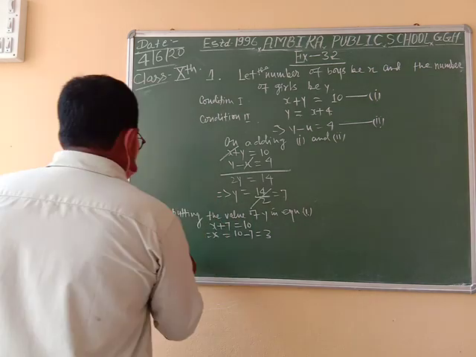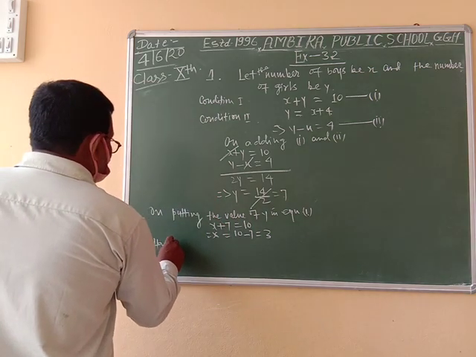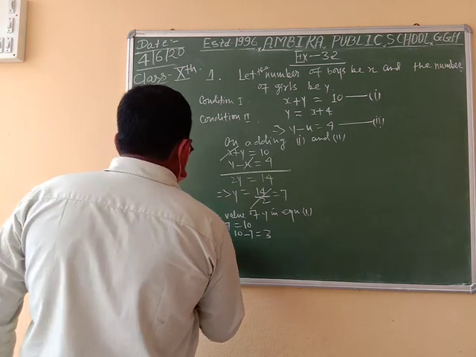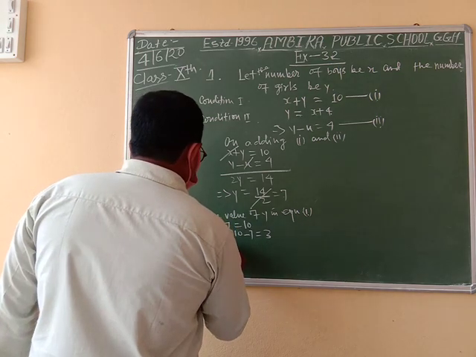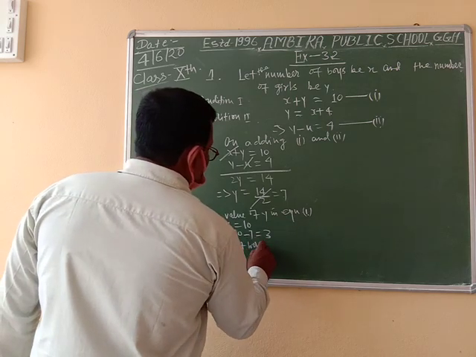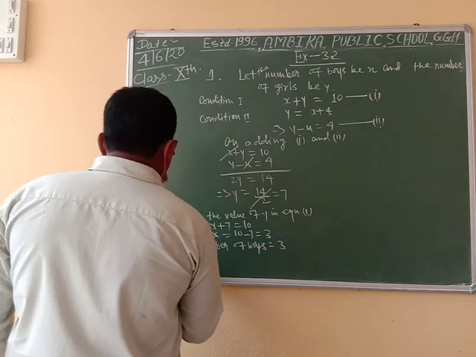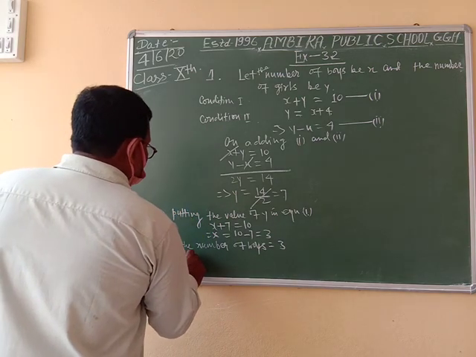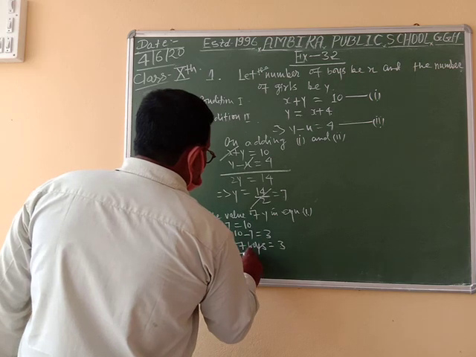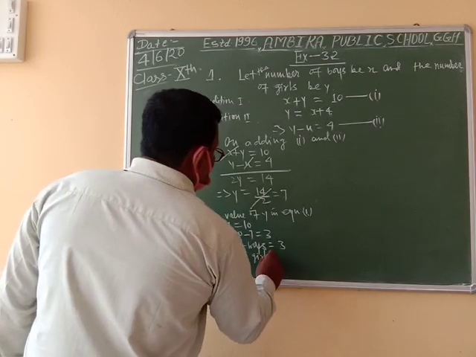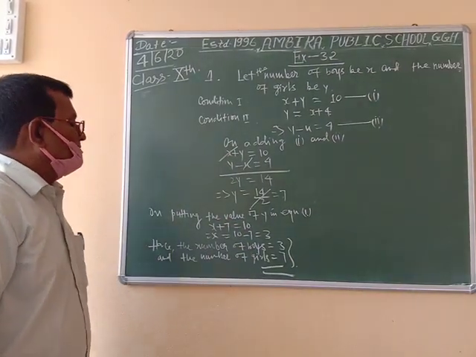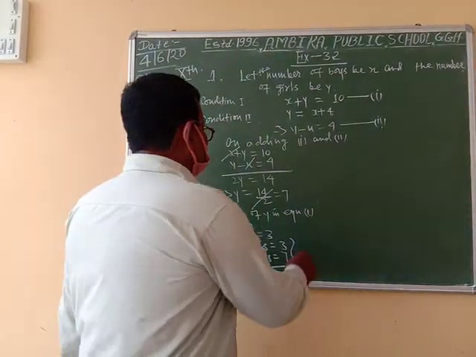Hence the number of boys in the quiz competition is equal to 3, and the number of girls is equal to 7. So in this way we form an equation according to the given condition.